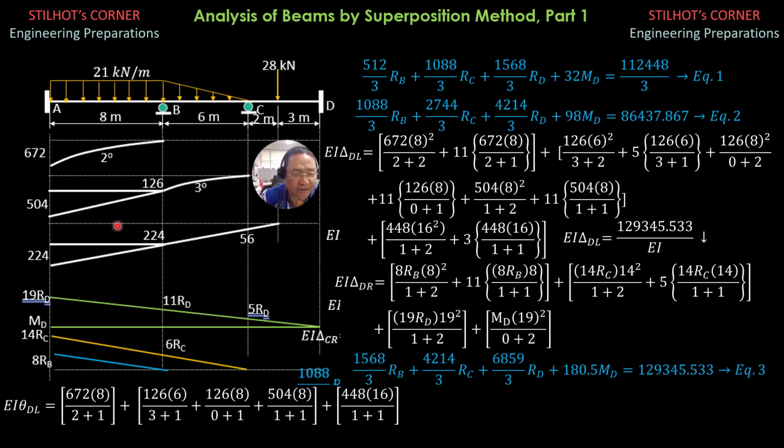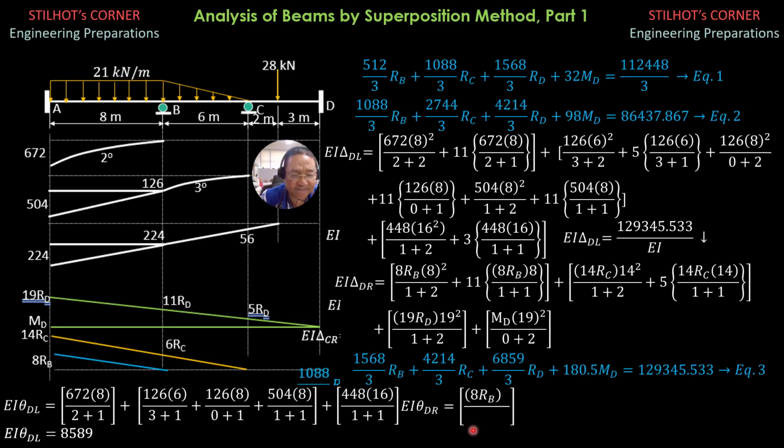Then due to this moment at the wall, 448, which is the same slope at this point and at B, which is equal to 448, 16 over 1 plus 1, and that is equal to 8589.